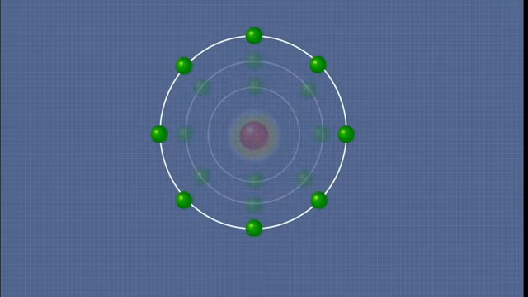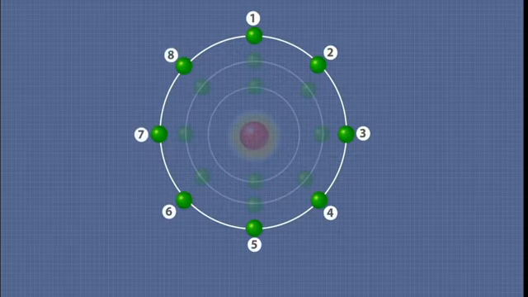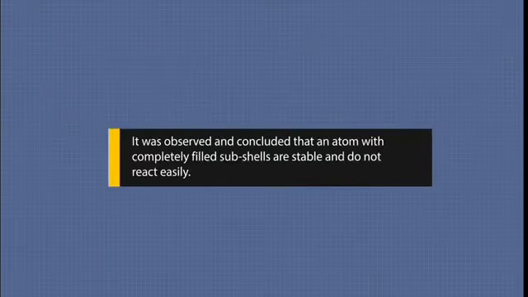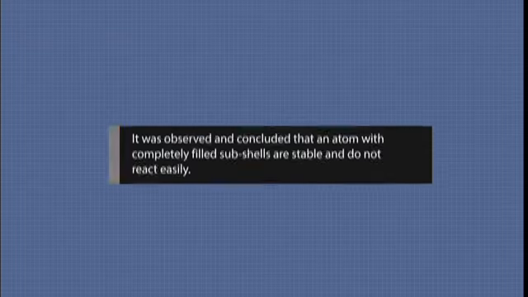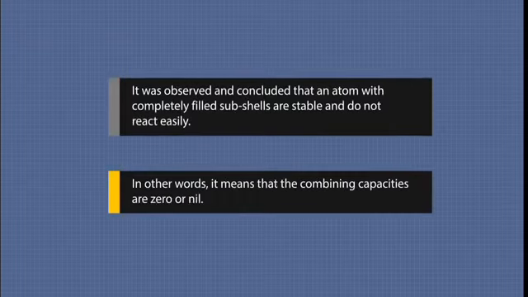From the octet rule, an outermost shell of an atom can accommodate 8 electrons. It was observed and concluded that an atom with completely filled subshells is stable and does not react easily. In other words, it means that the combining capacities are 0 or nil.